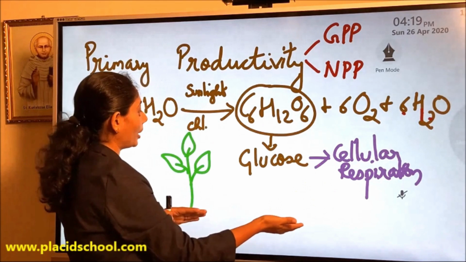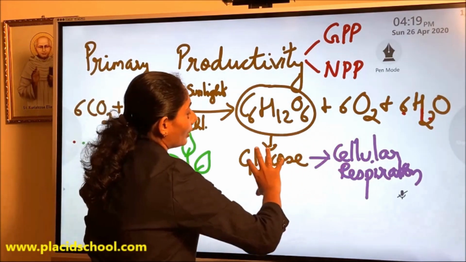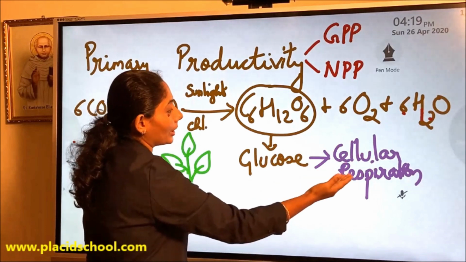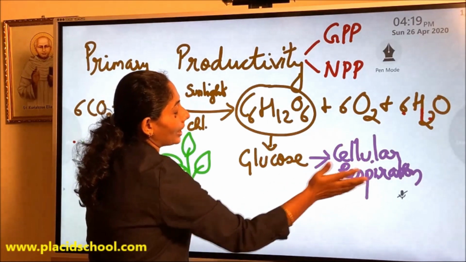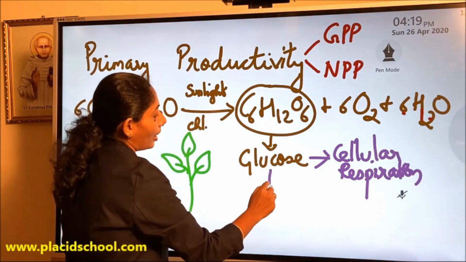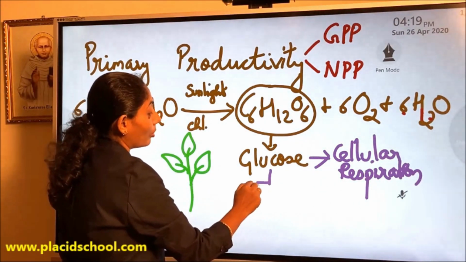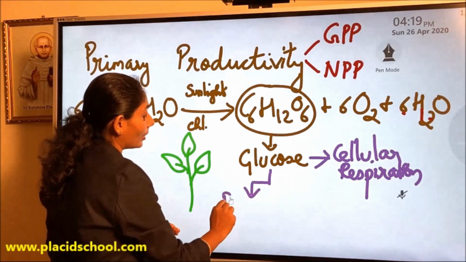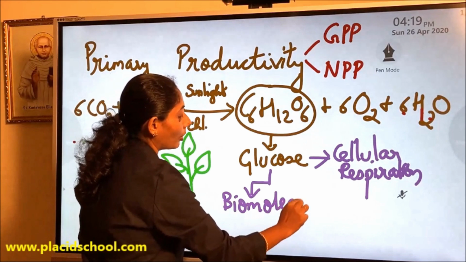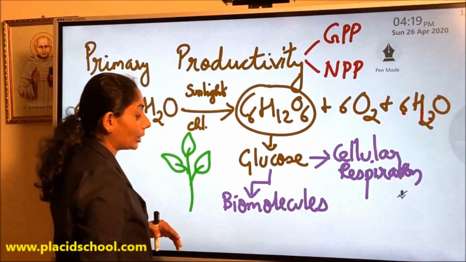So most of this glucose, that is the gross primary productivity, would be utilized for a process called cellular respiration, and some amount of the remaining glucose will be utilized for making various other important biomolecules.